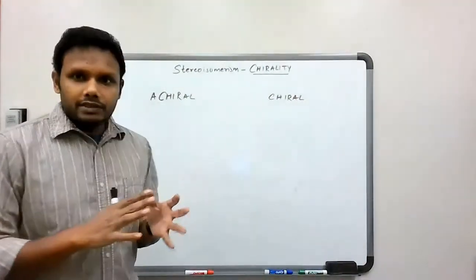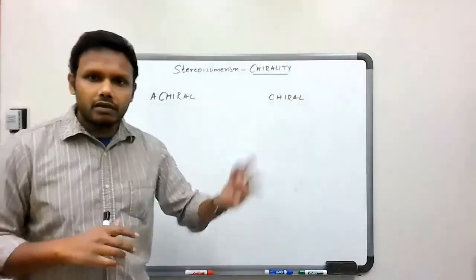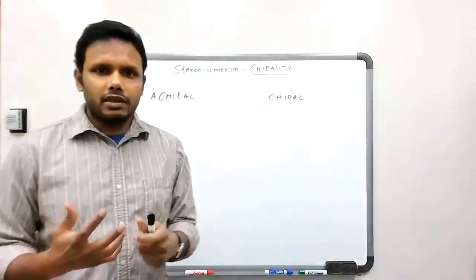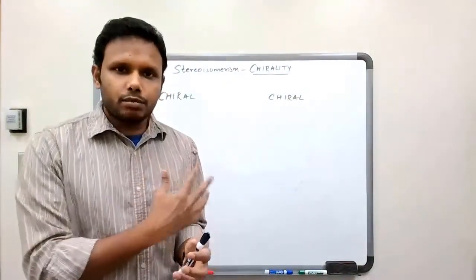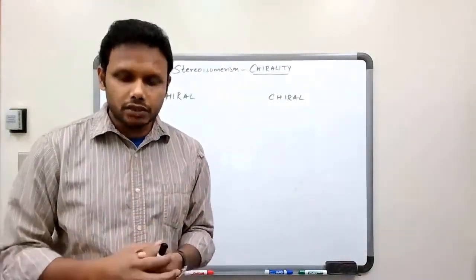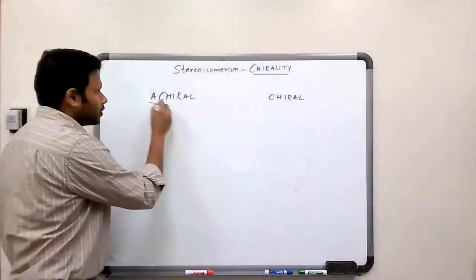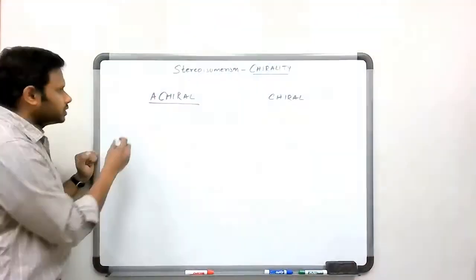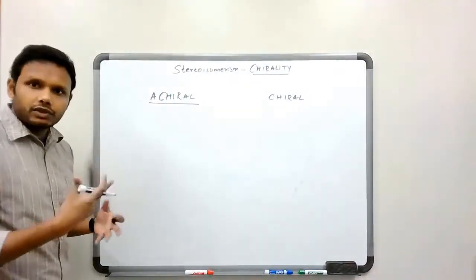To keep it very simple, the terms chirality, chiral, and achiral don't necessarily have anything to do with molecules, because these can apply to objects in general. So we'll start with objects first.